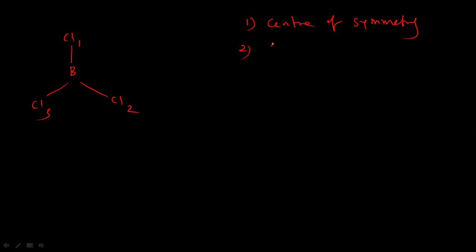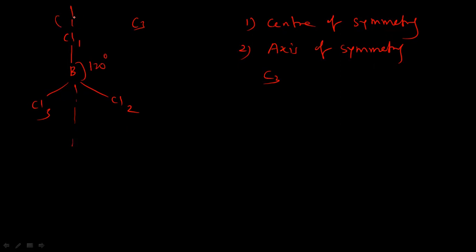Second, axis of symmetry or proper rotational axis. So what about the axis of symmetry here? The principal axis is here. By passing the axis through, with 120-degree rotation, the principal axis is C3 here. Theta is equal to 120 degree. So it is one C3 axis, that is the principal axis, and it is having 3 C2 axes.